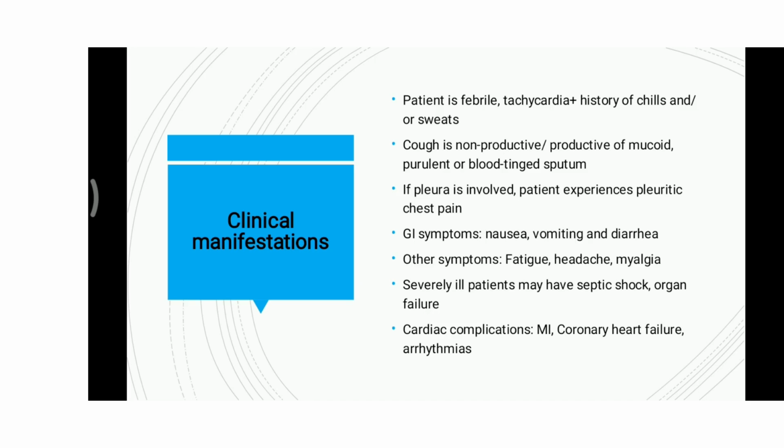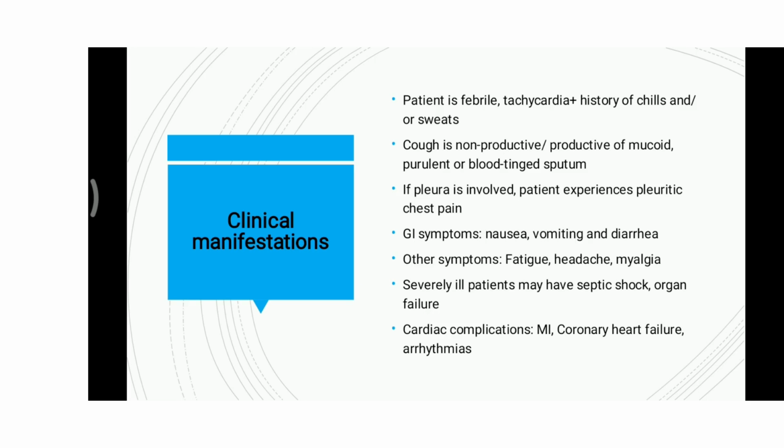If the pleura is involved, the patient can experience pleuritic chest pain. Also, there are some gastrointestinal symptoms which include nausea, vomiting, and diarrhea. There are other symptoms which include fatigue, headache and myalgia, which is whole body ache.